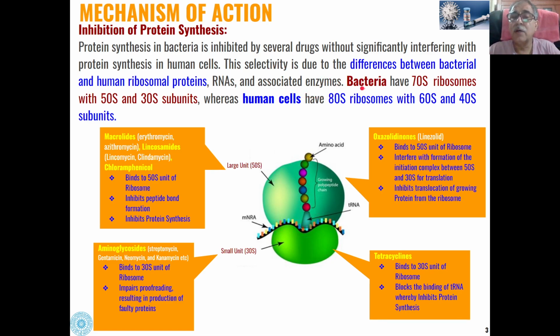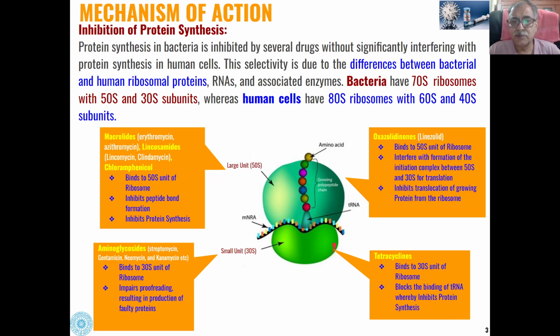For example, bacteria have ribosomes which are called 70S ribosomes, having two subunits: the 50S subunit, which is the larger subunit, and the 30S subunit, which is the smaller subunit.